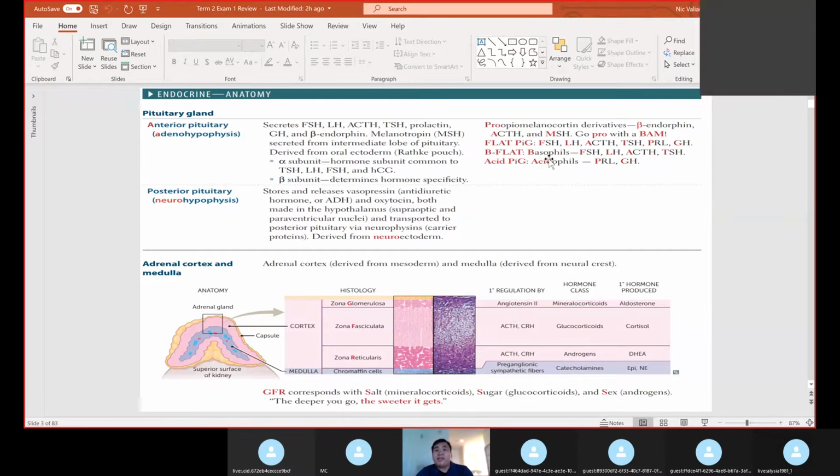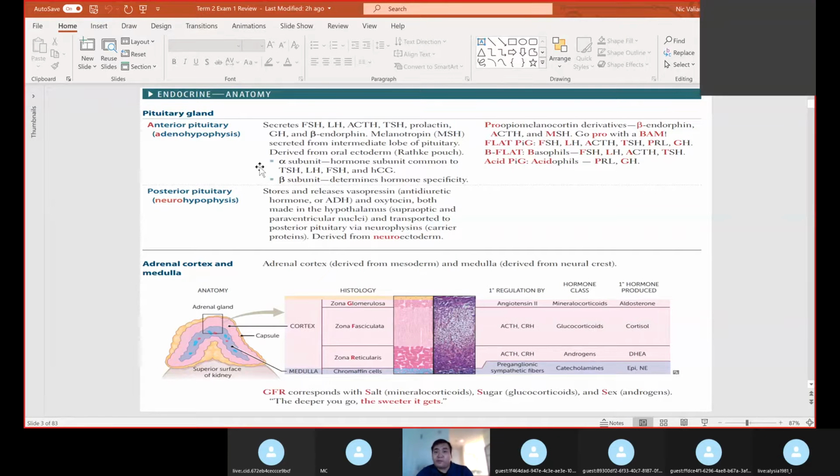You need to know the basophils, right? B-FLAT. They appear purple. What are they? FSH, LH, ACTH, and TSH. You need to know the acidophils, right? They appear red. They absorb the eosin stain. So these are your prolactin and your growth hormone.